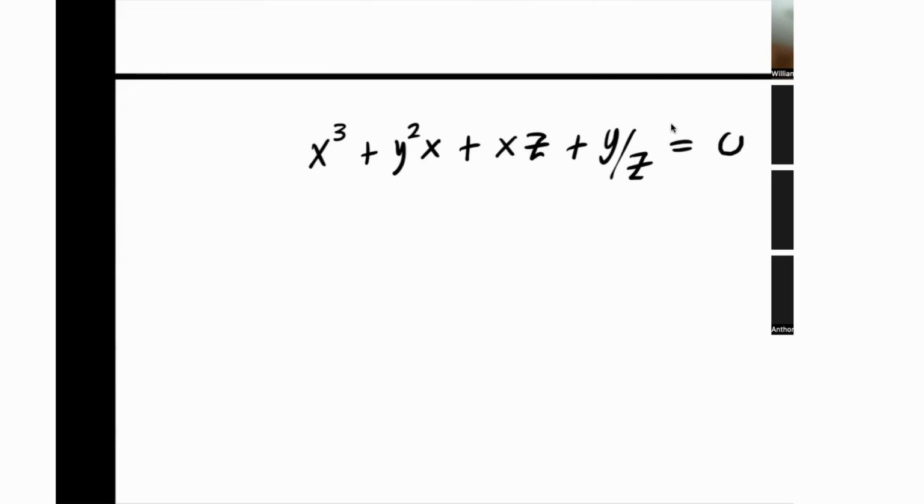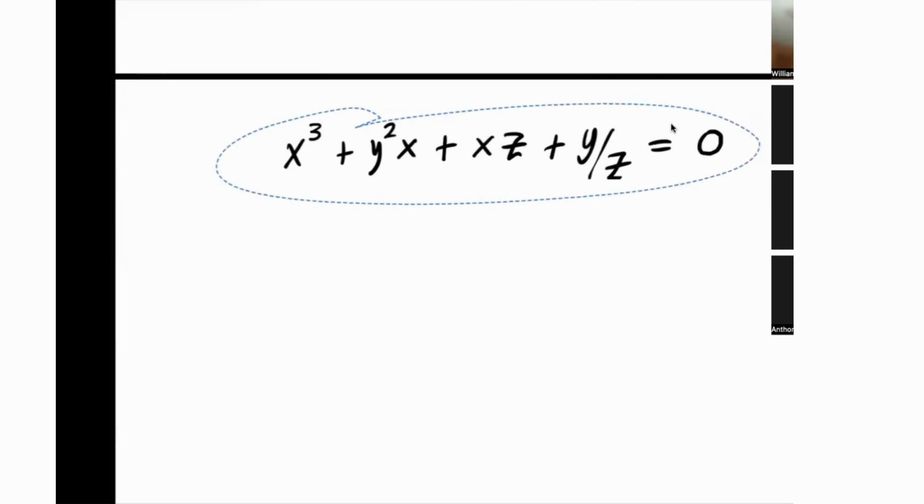Um, let's see. So suppose we have something like this. We have in this case a function z which is defined implicitly. So here's a type of problem that you'll probably get on the next homework.